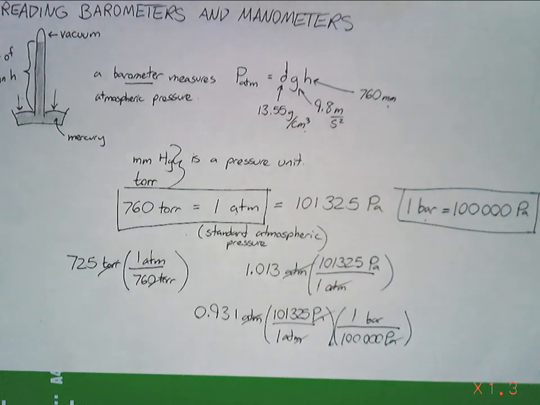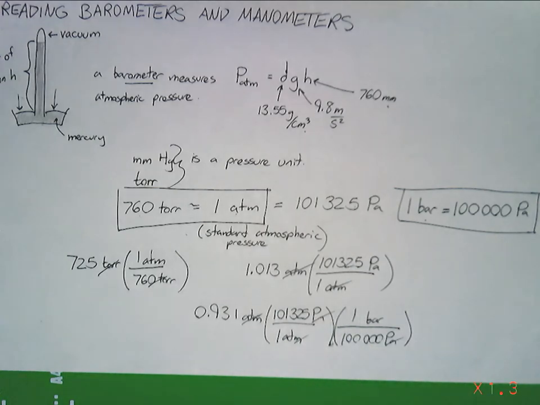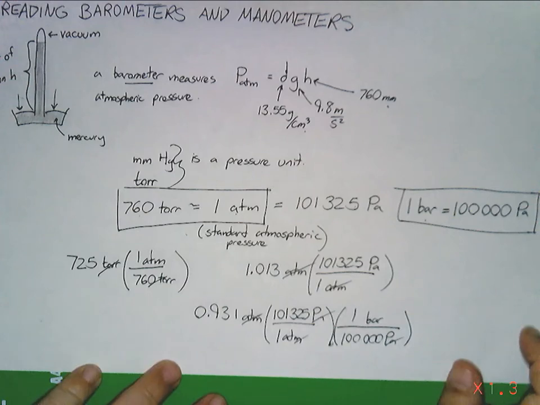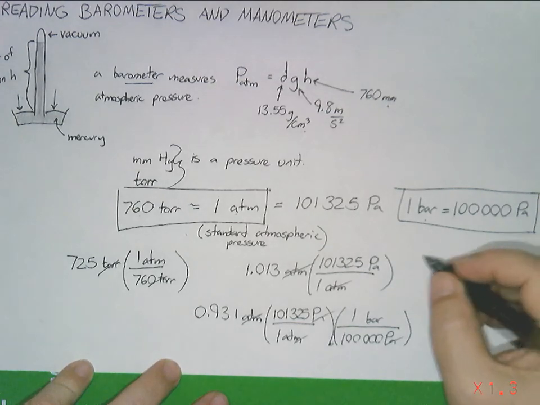So these are just some unit conversions that I'd like you to know. And there's another one. Now when you're filling up your tires at Sheetz or whatever, and you go to the pump, they read off in English units, which are pounds per square inch.